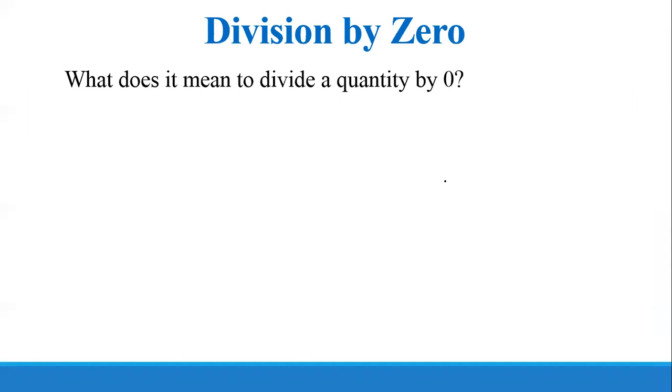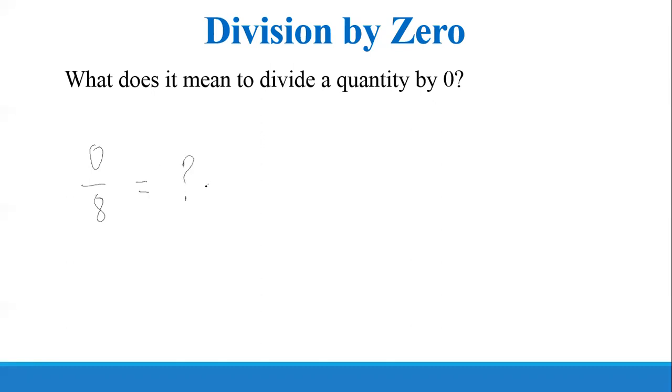Can you divide 0 by a number? Let us consider 0/8. We can read this as 0 divided by 8. Since multiplication is the inverse of division, we can rewrite this as a multiplication problem.